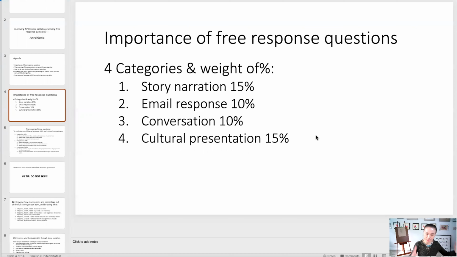Besides, this is not what they say, it's what you know and you say. So it's much easier to earn those important points. And to just write an email, to answer a question somebody asks you, or just answer 6 questions, you earn 10%. This is the reason you really need to know those free response questions are very, very important in your AP Chinese exam.